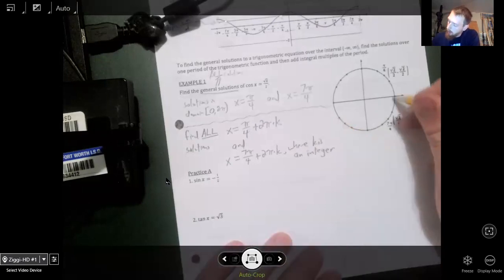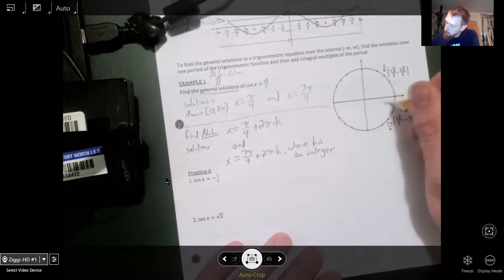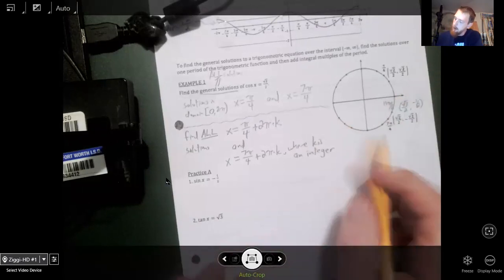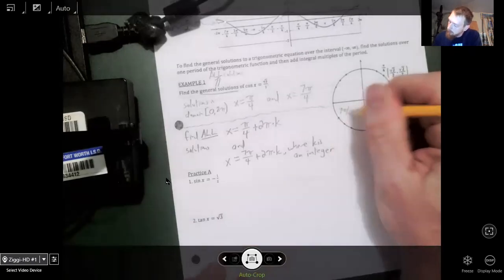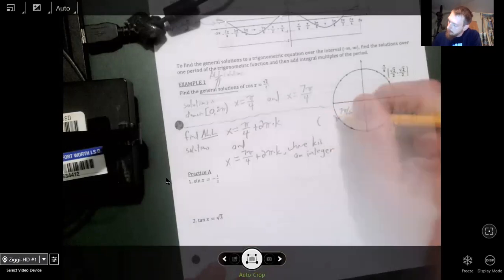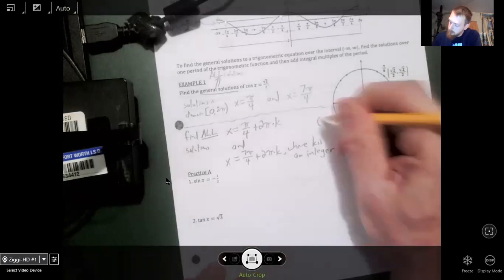So where the sine value is -1/2 and cosine is √3/2, that's here at 11 pi over 6, since we want to be on that domain from 0 to 2 pi. And it also happens here at 7 pi over 6. Same ordered pair, except the cosine there is negative.